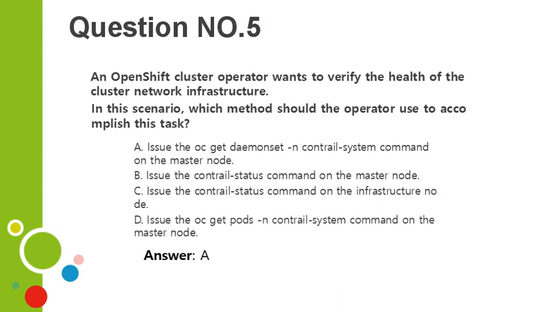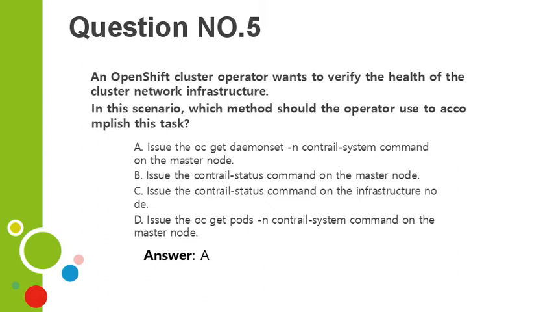Question number 5. An OpenShift cluster operator wants to verify the health of the cluster network infrastructure. In this scenario, which method should the operator use to accomplish this task? A. Issue the oc get daemonset -n contrail-system command on the master node.